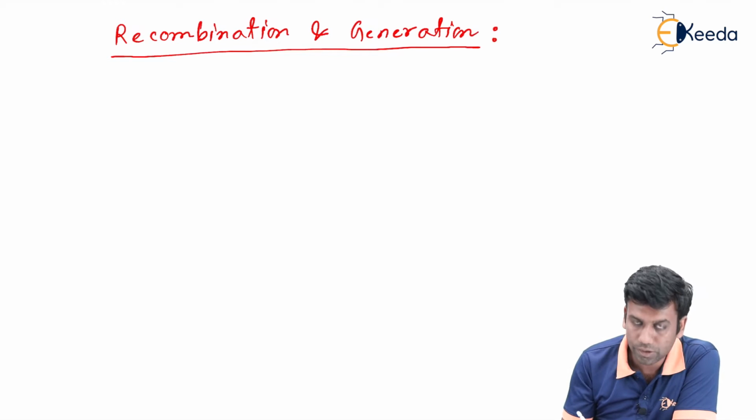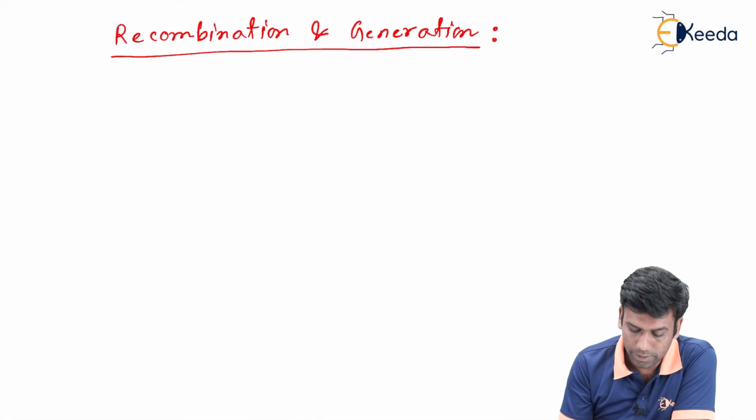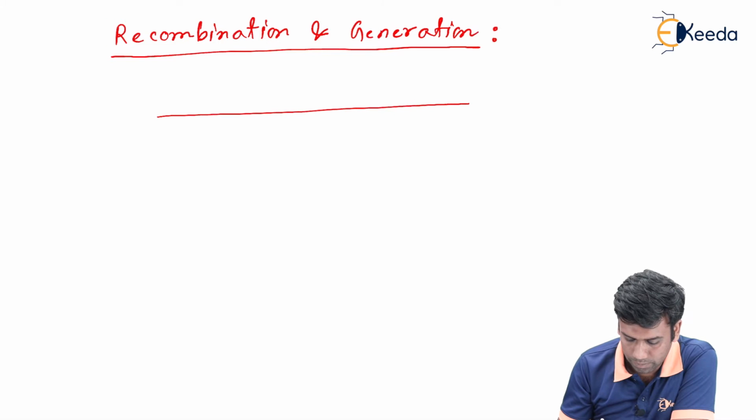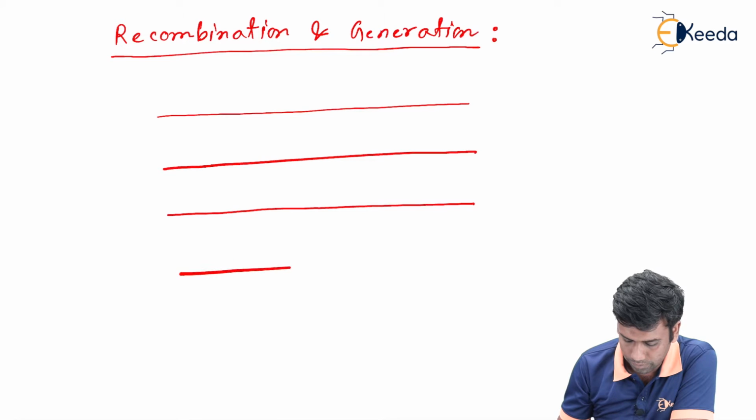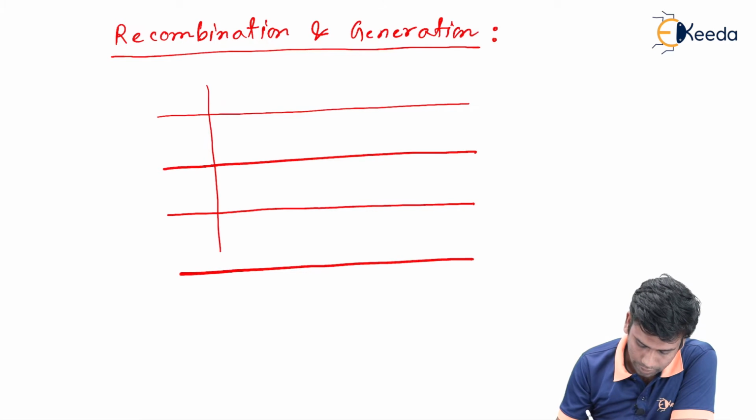So in this case we have to recall the previous topic, that is the bond model. In the bond model we have seen that there are some parallel lines and some perpendicular parallel lines.